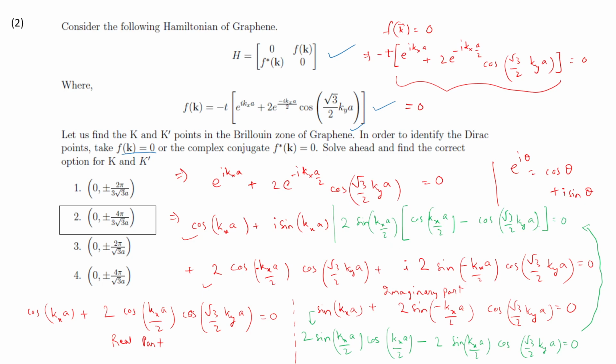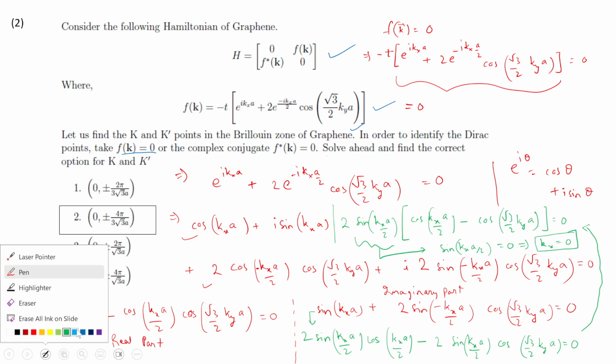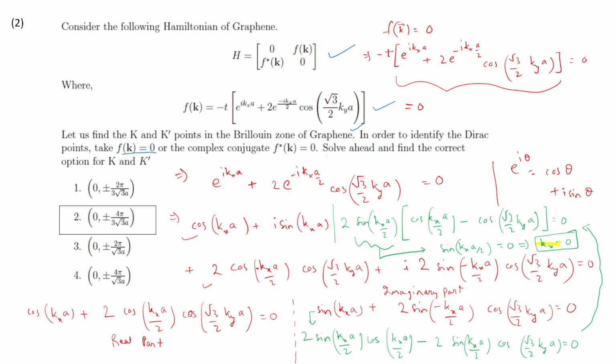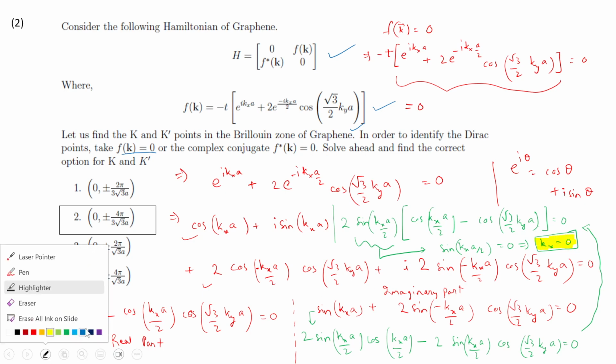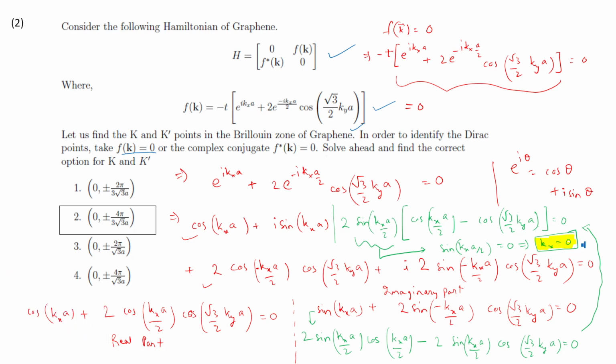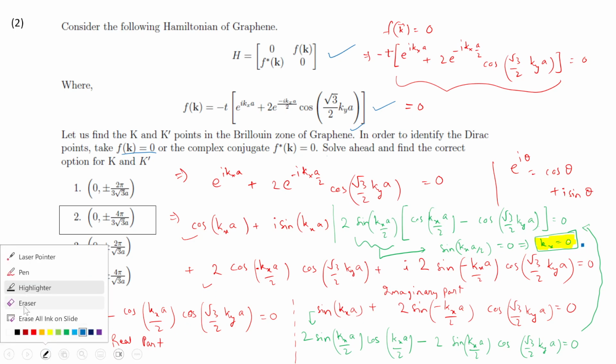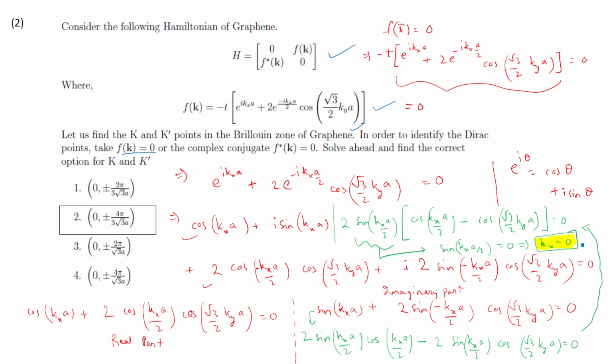So what we have is, from here, sin(kxa/2) is equal to 0, which means kx is equal to 0. So kx equal to 0, that is what we got now. Now we have to use this. So this we did for the imaginary part.